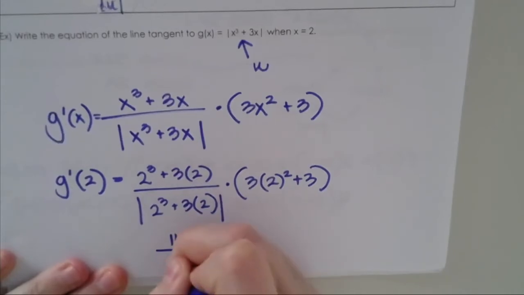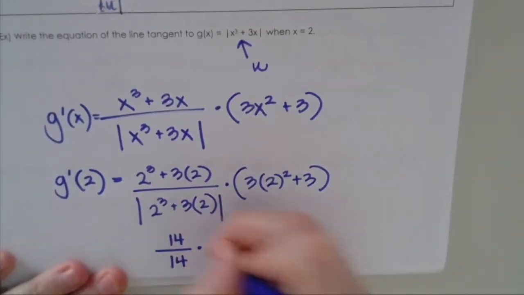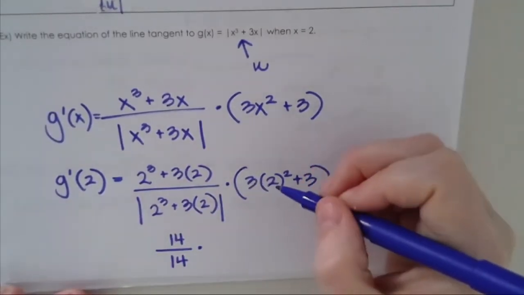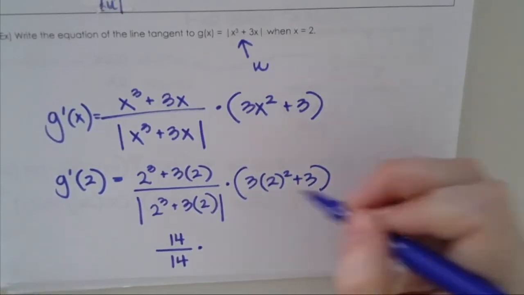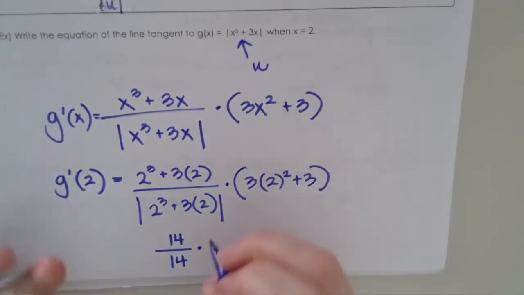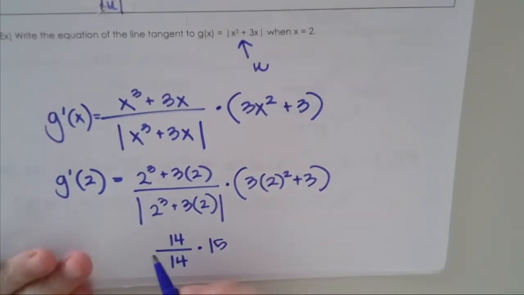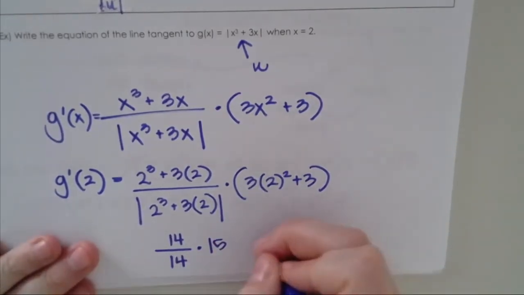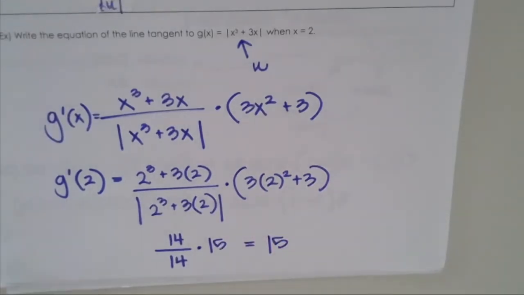Absolute value of 14, simply just 14. Times 3 times 2 squared plus 3. 2 squared is 4 times 3, that's 12, plus 3 more, that's 15. So this is 1 times 15, which equals 15.